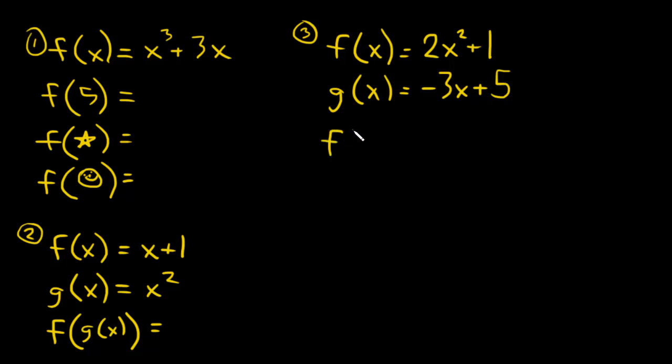What is f of g of x equal to? And what is g of f of x equal to? Let the notation guide you. f of x is 2 times x squared plus 1. So whatever I plug in here, like this g of x, I'm just going to plug a g of x right there. That's all that's going to happen.